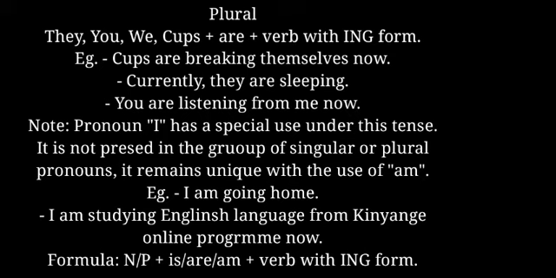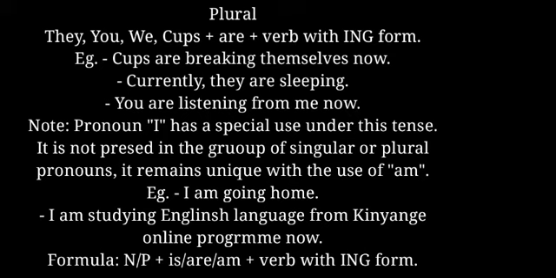In all these three sentences, if observed well, we have subjects like cups, they, and you. After them, we put the word are. After the auxiliary verb are, we put the verb with the ing form.